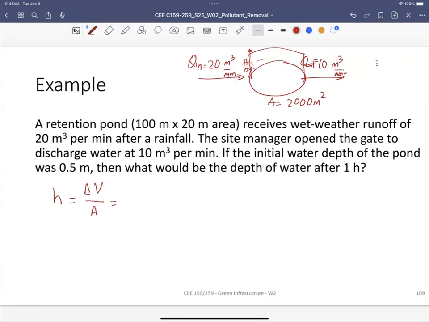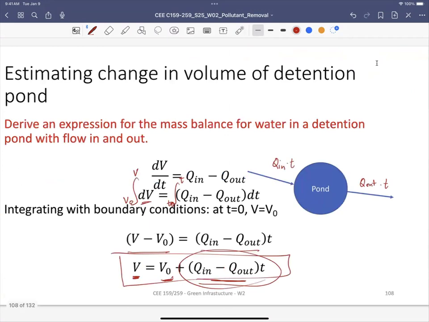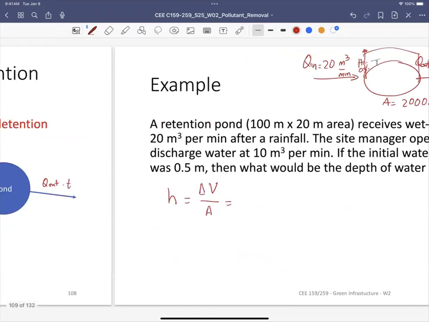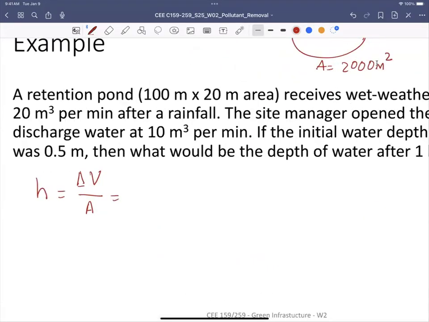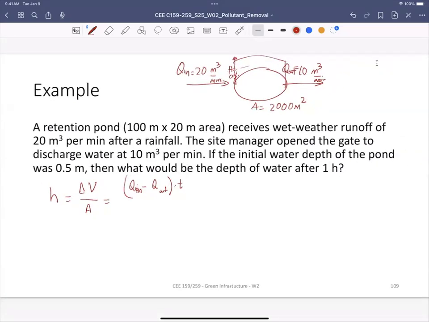And the change in volume of water, you know based on these equations, is the difference in flow rate, Q in minus Q out, times time. That is the amount of volume increased.